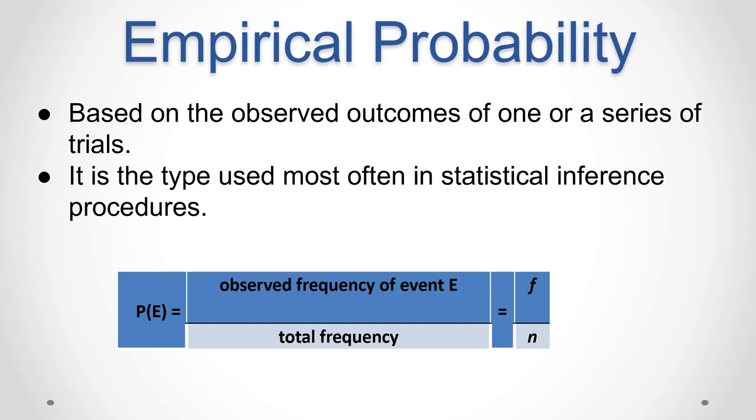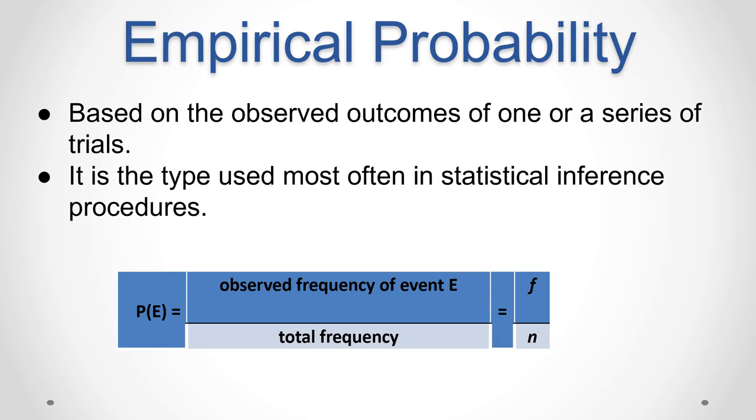Probabilities calculated using relative frequency rely on empirical evidence, or evidence based on the outcomes of a probability experiment. The empirical probability of an event is found through observations and experiments. It is the likelihood that the event will happen based on the results of the data collected.